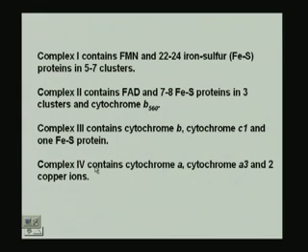Complex 4 has 2 cytochromes and 2 copper ions. Why do we need copper again? It would be the same thing. The copper also has multiple valency, so it can pick up or give electrons. Okay. So, we have these electron transfer cofactors associated with complex 1, 2, 3 and 4 that are going to assist in the electron transfer. Fine.